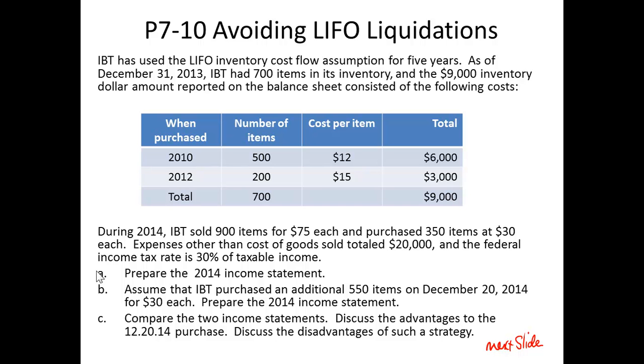So notice here we have 2 layers under LIFO, and it's saying prepare the income statement for 2014 once dipping into these older layers, and the other one going out and making a purchase of an additional 550 units at $30 each. So let's take a look.